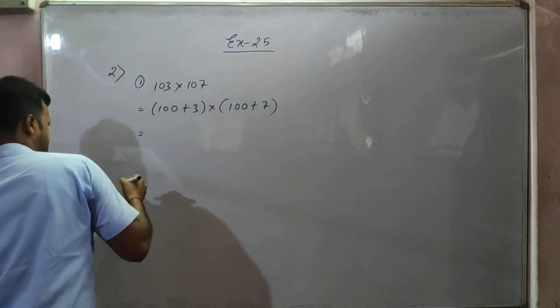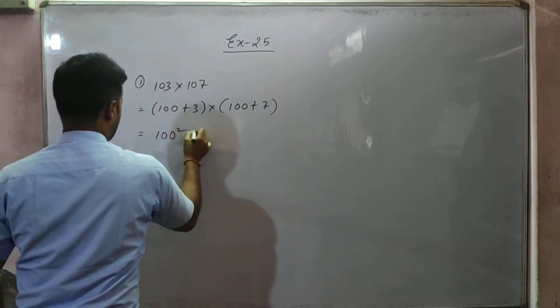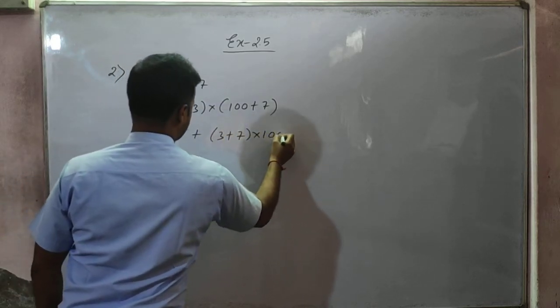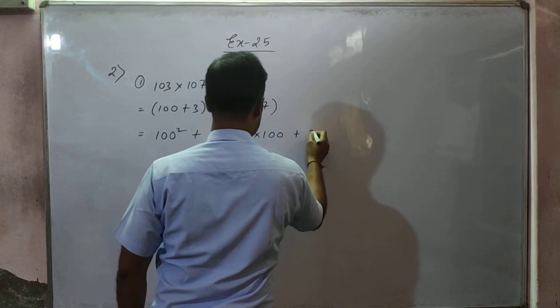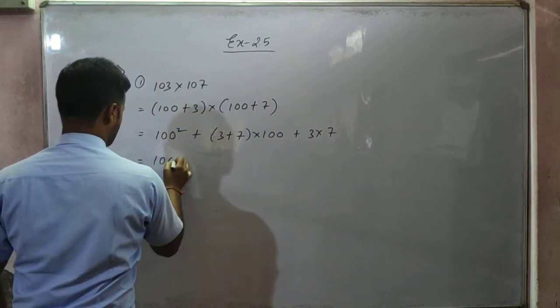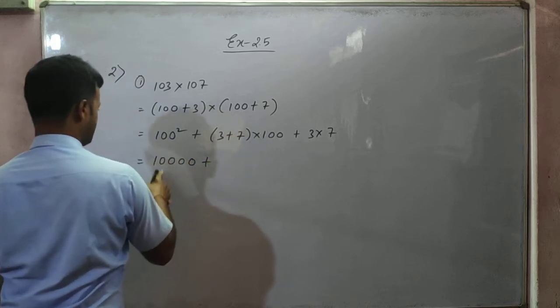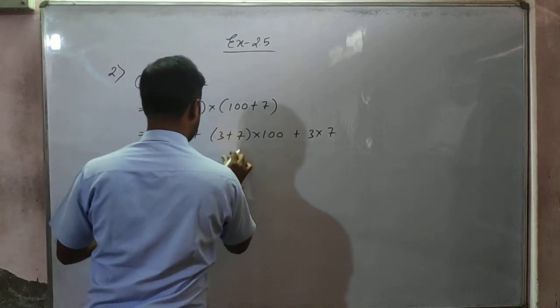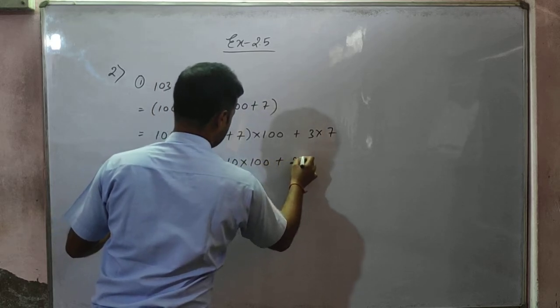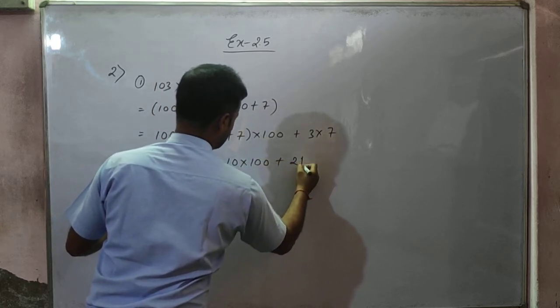So this will be written like this: 100 square plus (3 plus 7) into 100 plus 3 into 7. So 10,000, then 10 into 100 is 1,000, and 3 into 7 is 21.